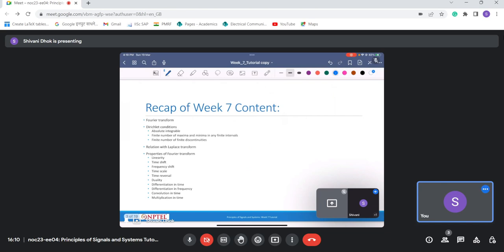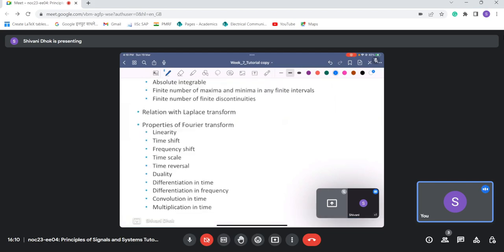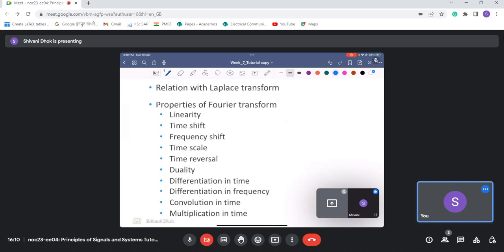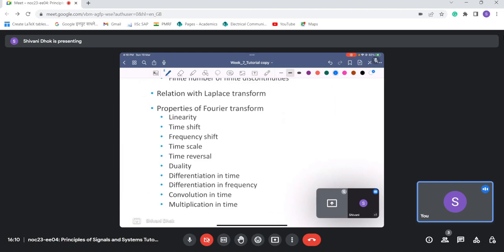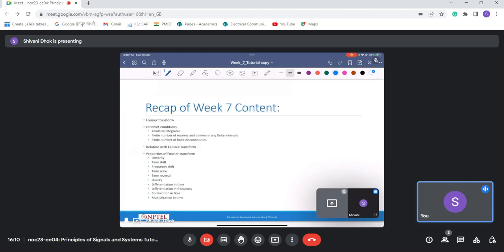After that, the properties of Fourier transform were discussed. The first property that was discussed was the linearity property. Next, the time shift property was discussed. So let us revise these properties one by one. The first property was the linearity property.